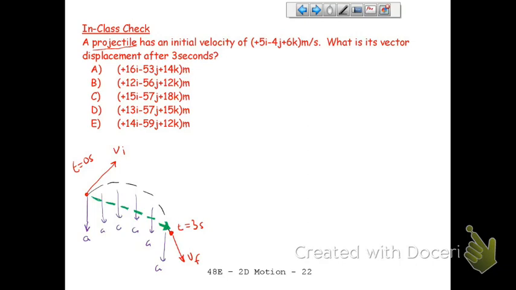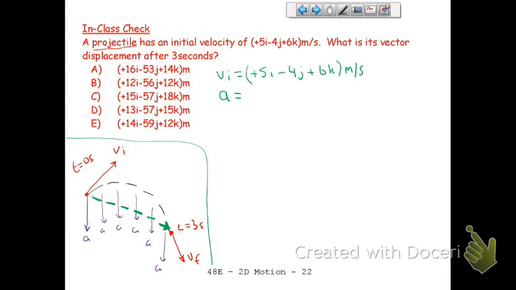So I make my list. And I say VI is equal to, I'm looking at the words, plus 5i minus 4j plus 6k meters per second. And then let's have a look.